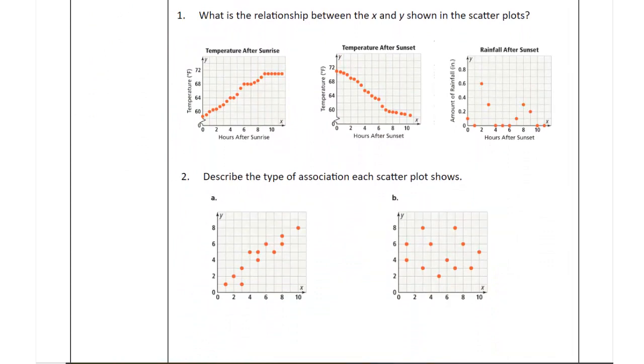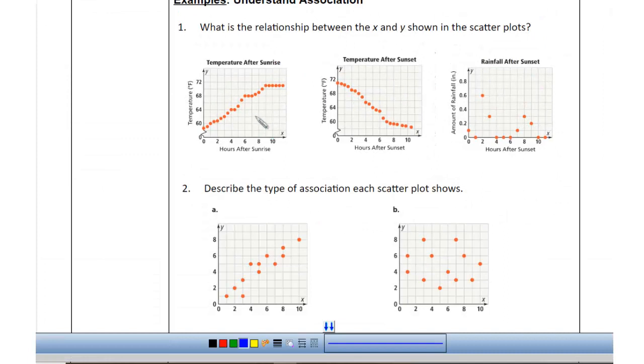So let's look at some examples here. We want to compare the relationship between these two sets. In this first example, I have the hours after sunrise and I have the temperature. I can see that after the sun starts coming up, 1 hour, 2 hours, 4 hours, 8 hours afterwards, my temperature is also increasing.